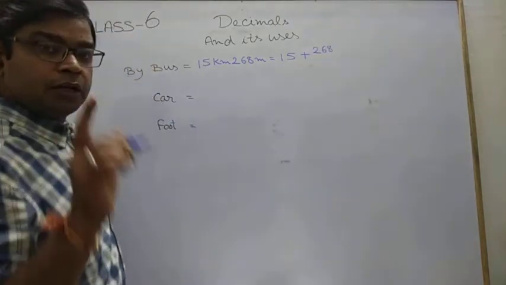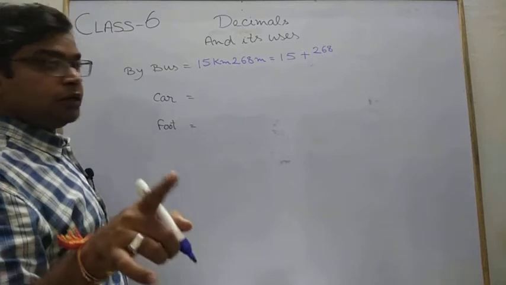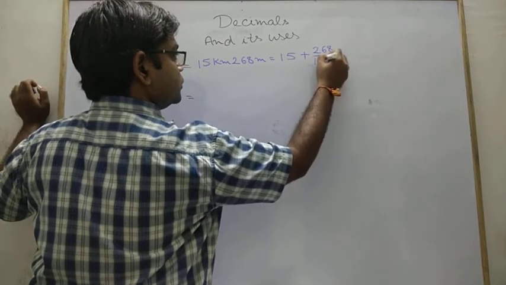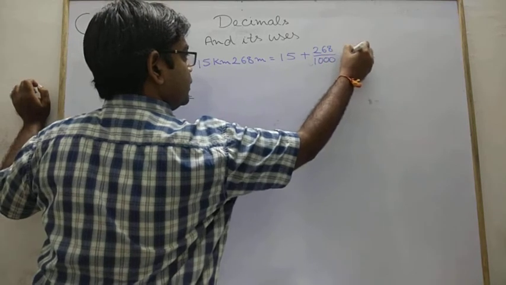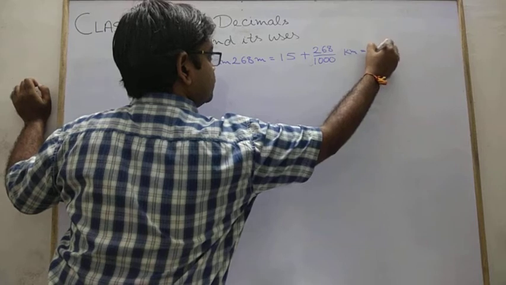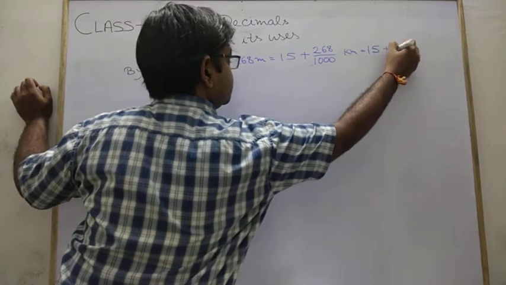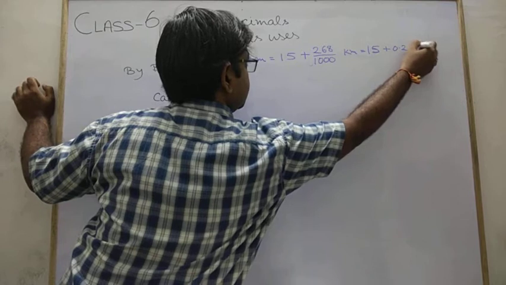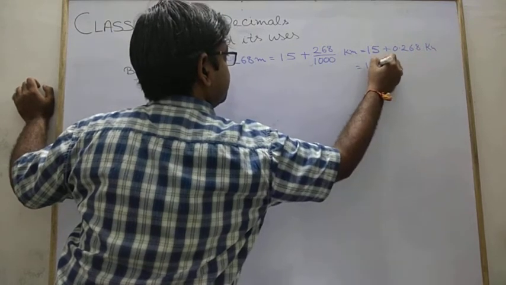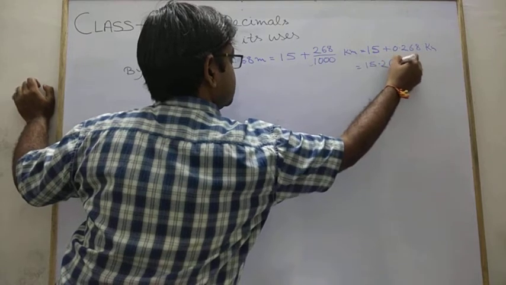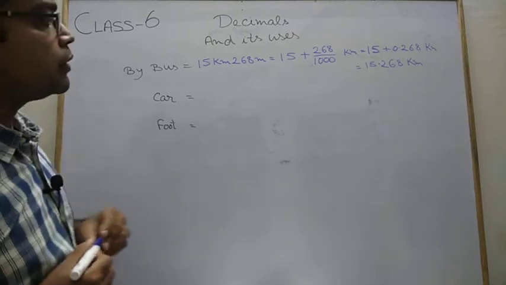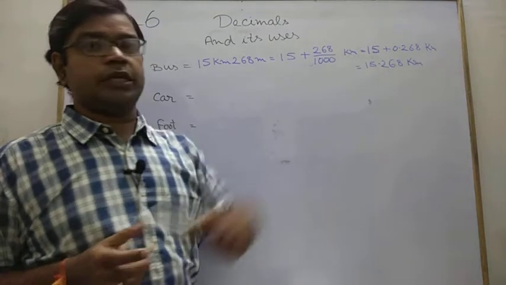As we know, in 1 kilometer we have 1000 meter, so we must divide the given value by 1000 to get kilometer. So we have 0.268 kilometer, which means 15.268 kilometer. This is your solution.